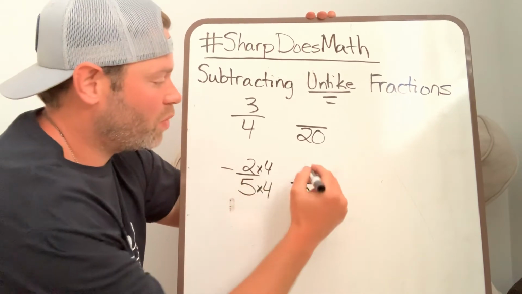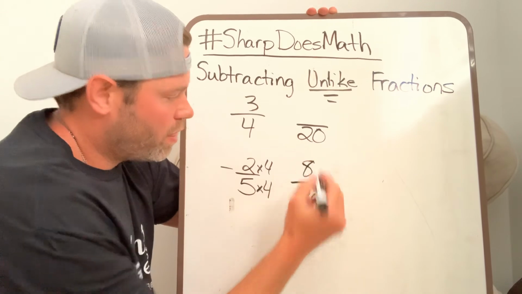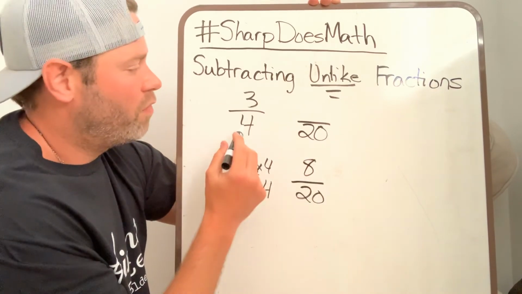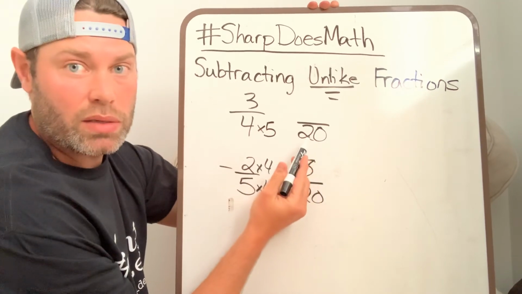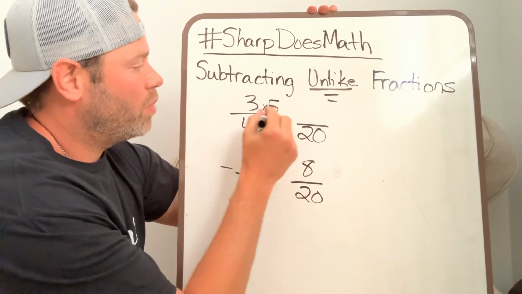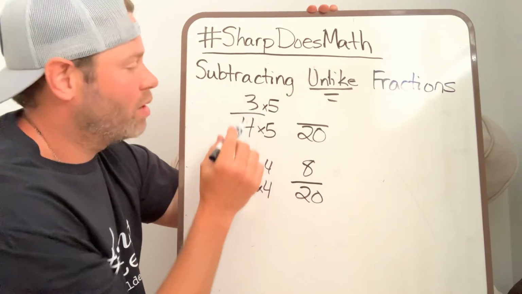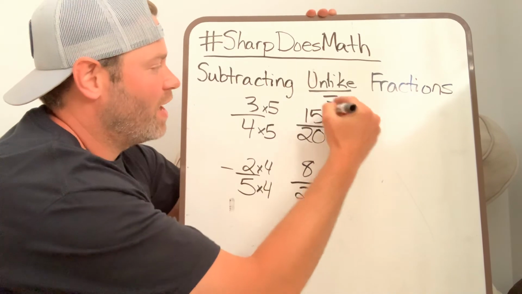So 2 times 4 is 8. Right? A little better. 4 times 5 gives us 20. So if I multiply by 5 in the denominator, multiply by 5 in the numerator, 3 times 5 equals 15.